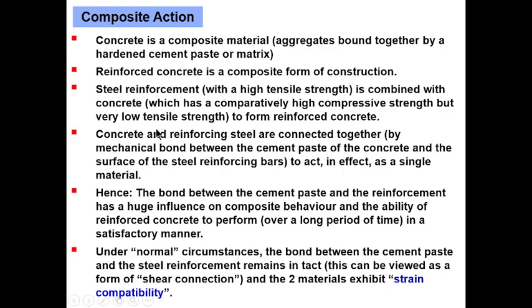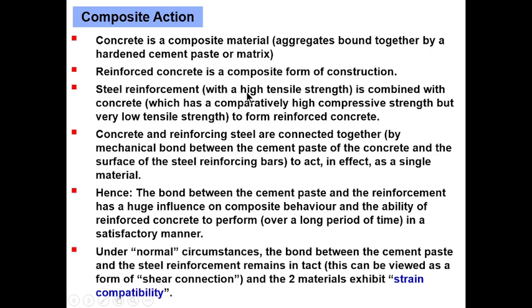Now let's look at composite action. You know that concrete is a composite material, usually aggregate bonded together by hardened cement paste. Reinforced concrete is a composite form of construction between steel and concrete.